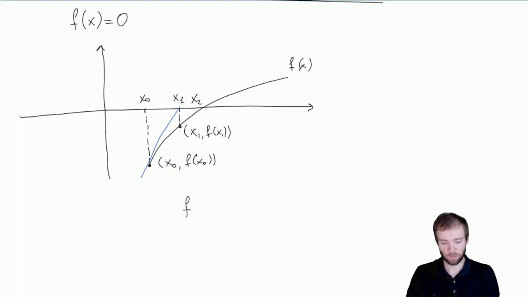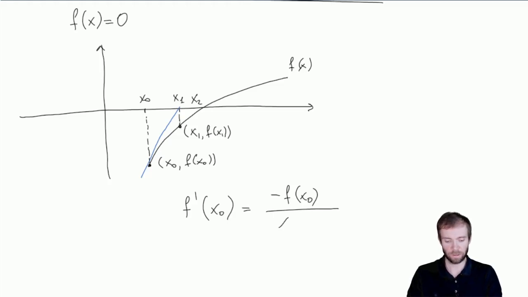So the derivative f prime of x0 is actually the slope of this tangent, and this is equal to the ratio between this segment and this segment.